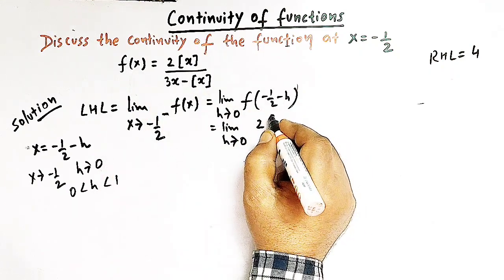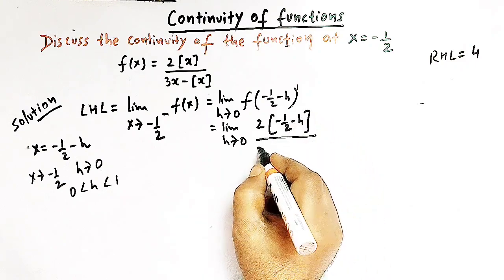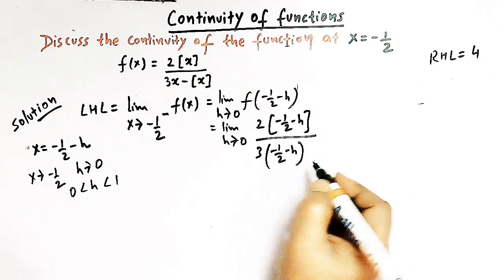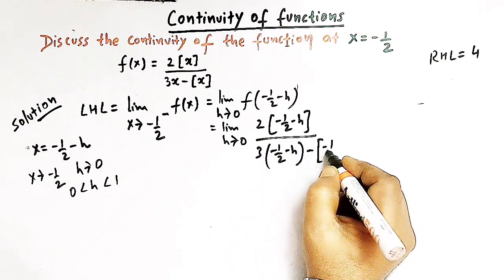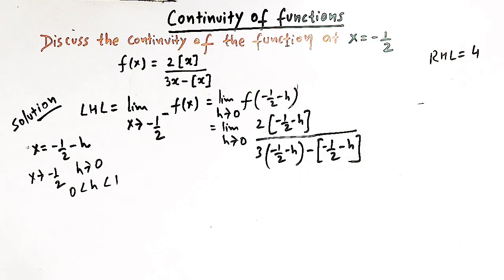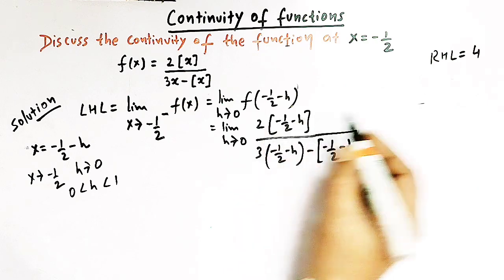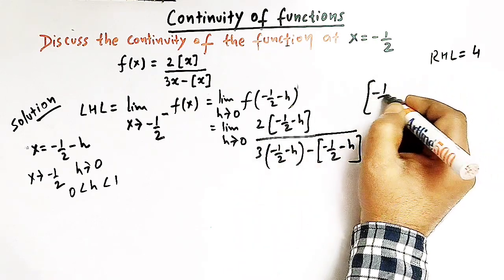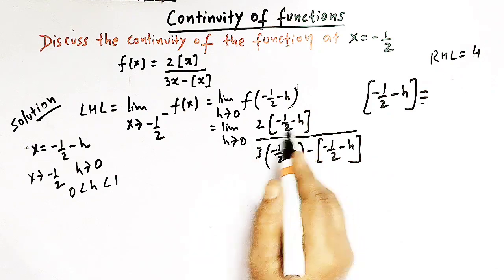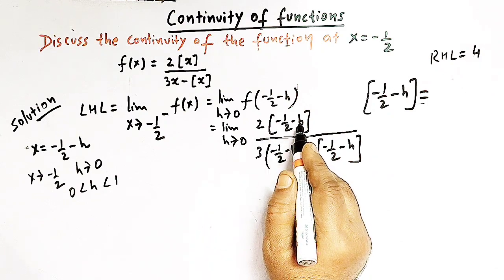So we have 2 times minus half minus h, and then we have 3 times here minus half minus h, and then greatest integer of minus half and minus h. So now let us find out the value of greatest integer of minus half minus h, right? Because here we cannot directly substitute h is equal to 0.